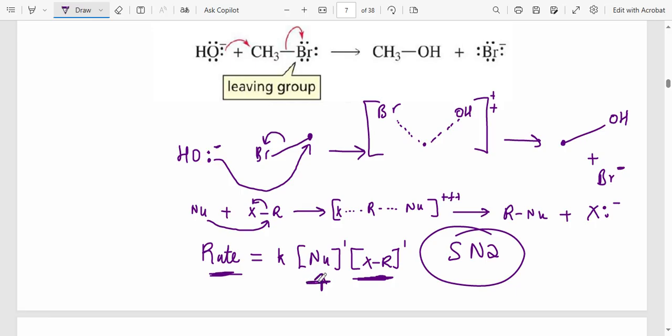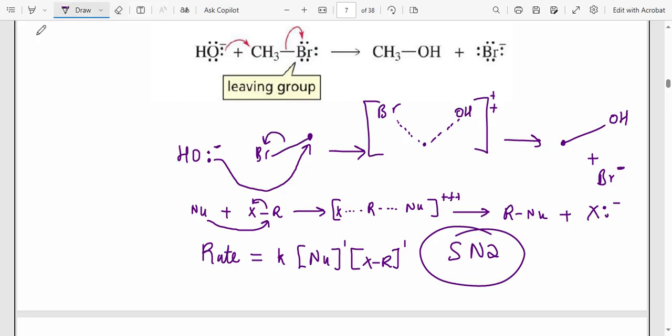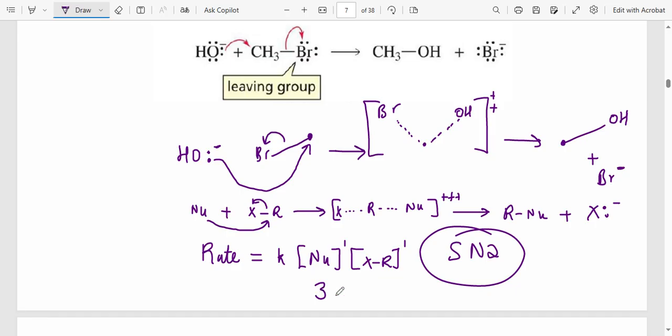If you double the concentration of the nucleophile, you also double the concentration of the alkyl halide, the rate of the reaction is going to increase by a factor of 4. You're expecting such questions in your questions that will be coming, so make sure that you get that. How about if we triple the concentration of the nucleophile but we double the concentration of the alkyl halide? The rate of the reaction is going to increase by a factor of 6.